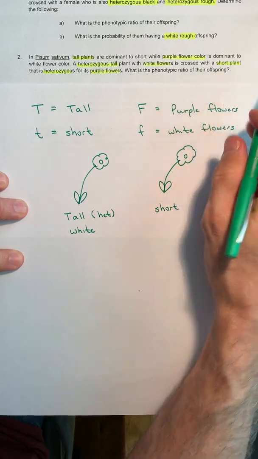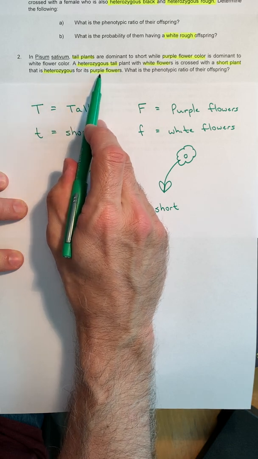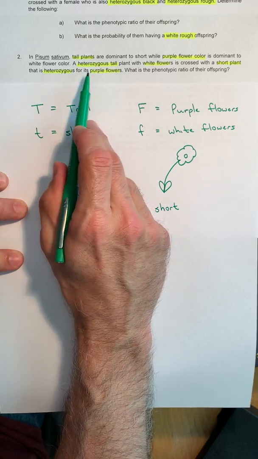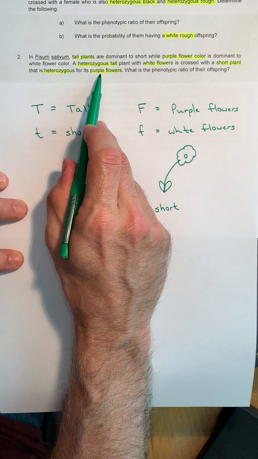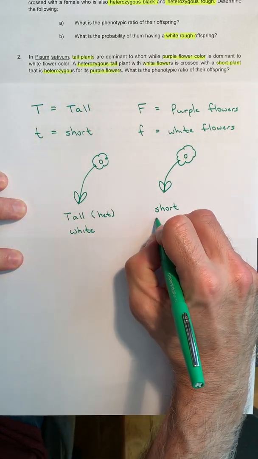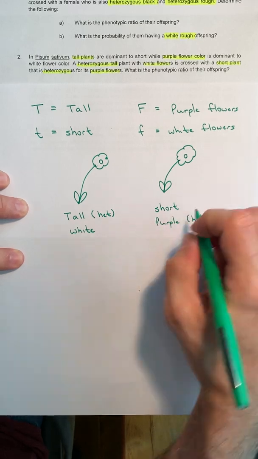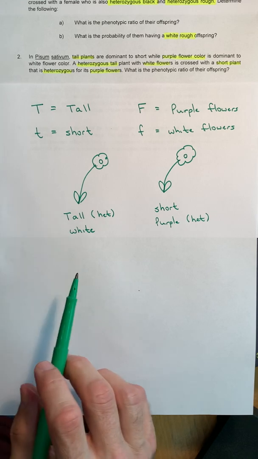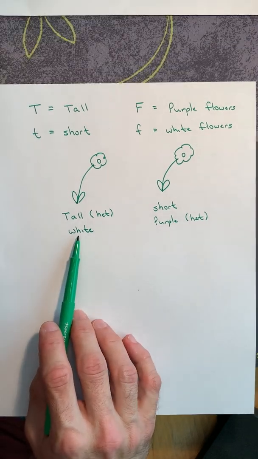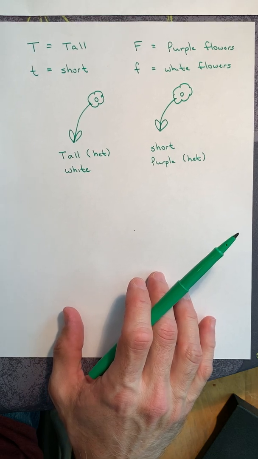It's crossed with a short plant that is heterozygous for its purple flowers. So it has the capital F, the dominant purple allele, but it's a heterozygote. So it's purple, but it's heterozygous purple. So there are your parents. You have a tall white plant being crossed with a short purple flowering plant.